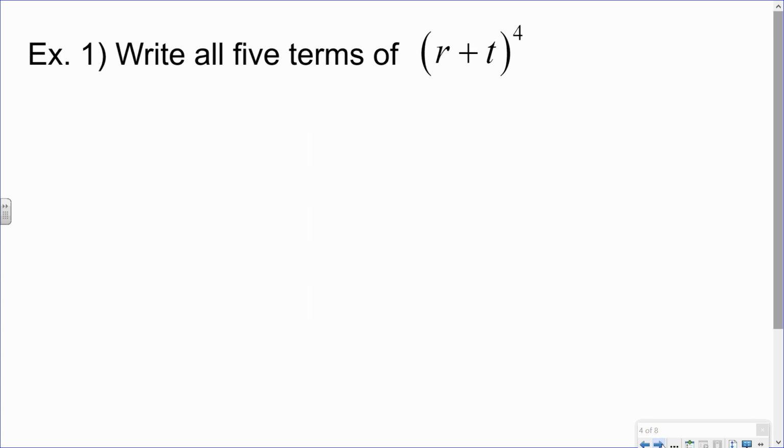So r plus t to the 4th. I know that that means I need to start with 1 r to the 4th. I know my r's then have to go down. R cubed, r squared, and r. My t's have to start with t to the 0 and go up.